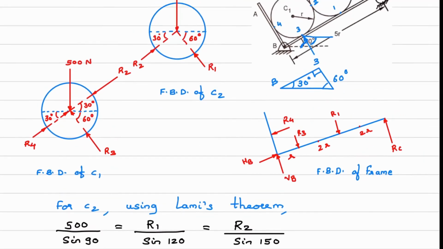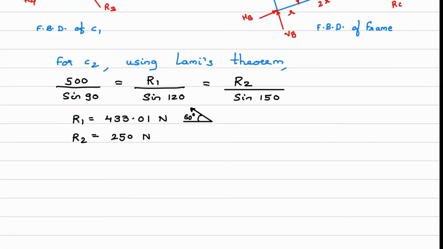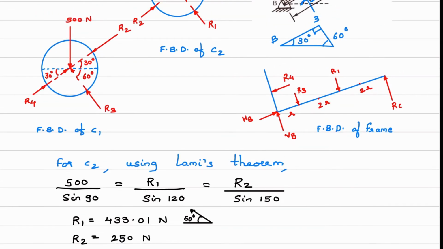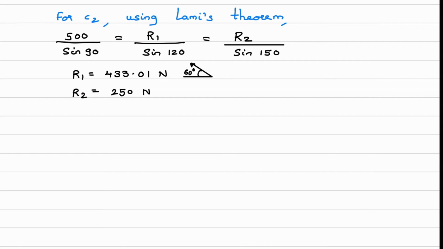What is the angle of R2? With respect to horizontal, that is 30 degree. Since we are considering C2, I will draw it like this. This is 30 degree. So we have calculated R1 and R2.